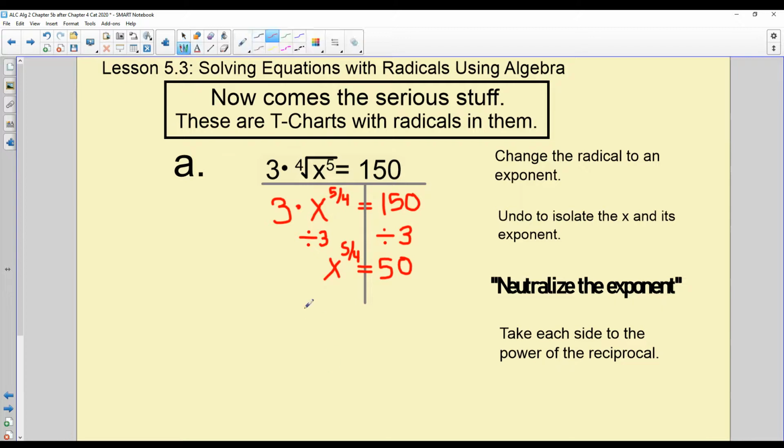So you're going to take this and you're going to wrap it up all nice and cozy in a parentheses. And I'm going to do the same thing to the 50. Put it over there, and we're going to take it to the 4/5 power.